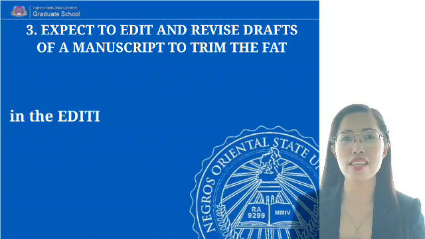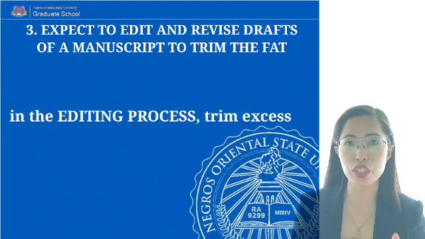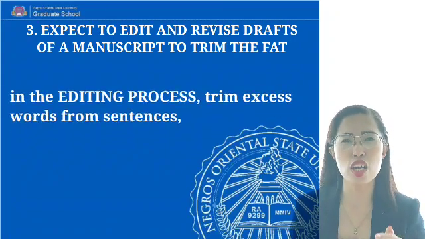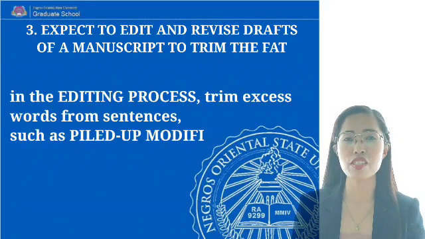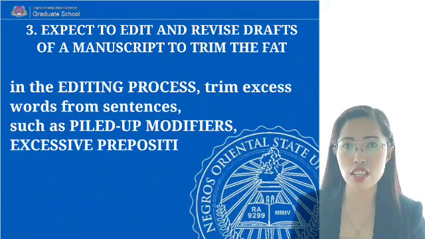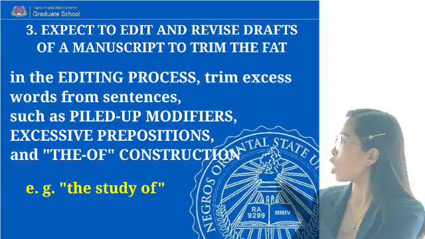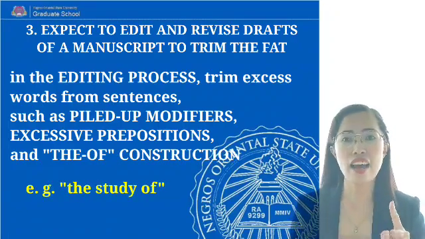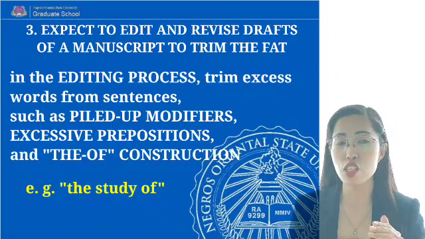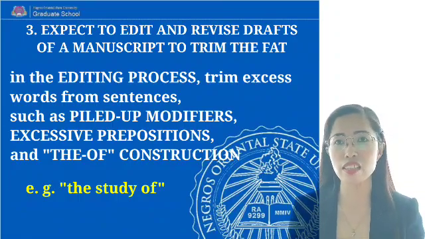In the editing process, trim excess words from sentences, such as piled up modifiers, excessive prepositions, and the "of" constructions, for example, "the study of," that add unnecessary verbiage, based on Ross Larson 1982.